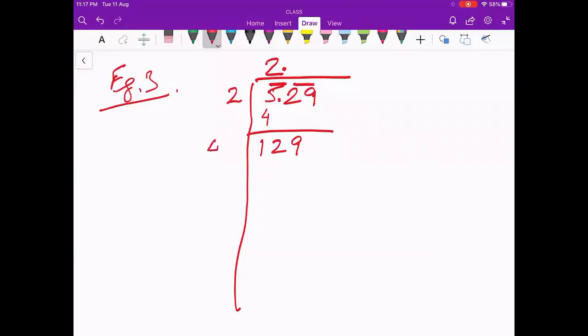We write double of 2 here, that is 4. Again, we have to write one number, that is 3 here and 3 here. So 43 into 3 will be 129.